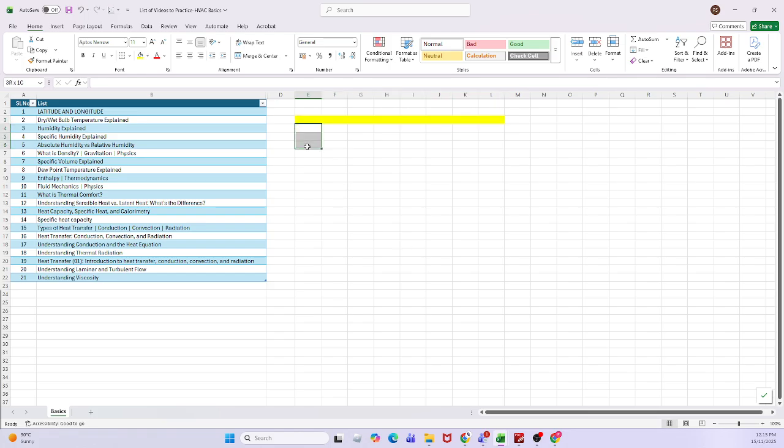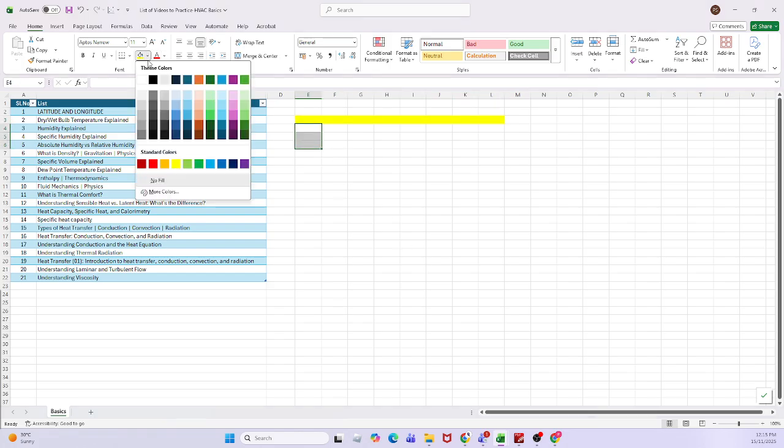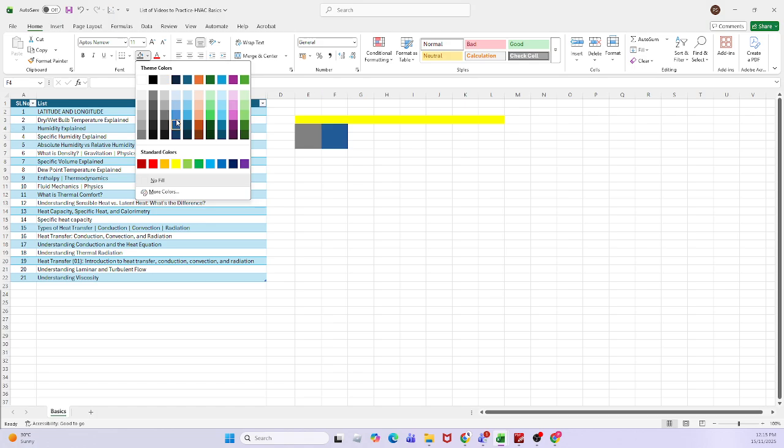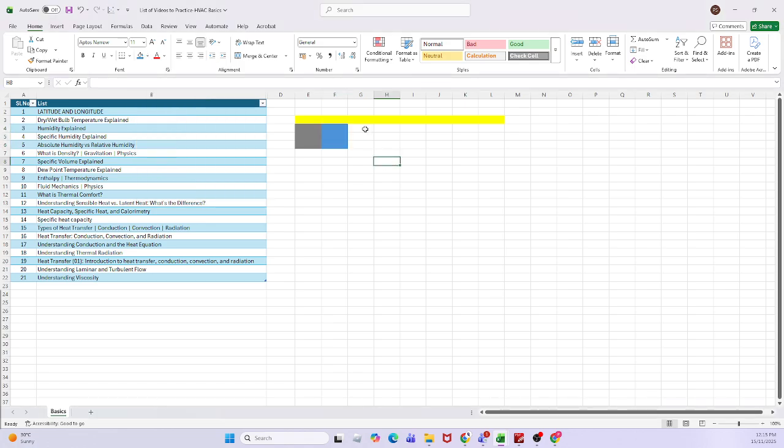Maybe I will provide the FCU reference, correct? Then the room reference. Then you will provide the total cooling load, total kilowatt. Then the sensible cooling load.